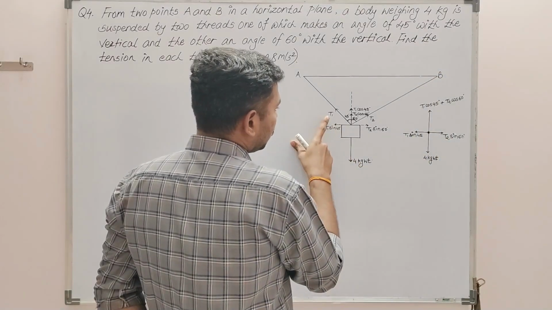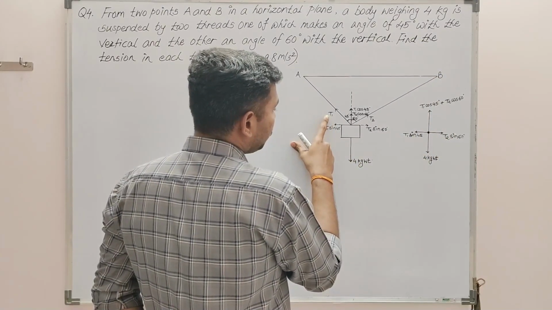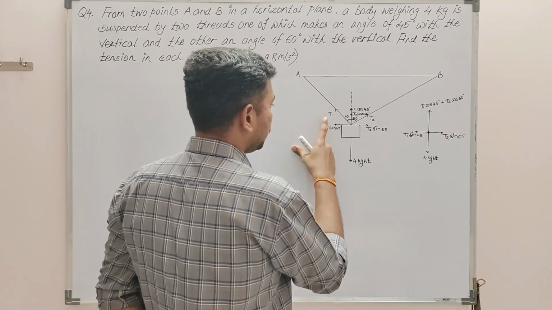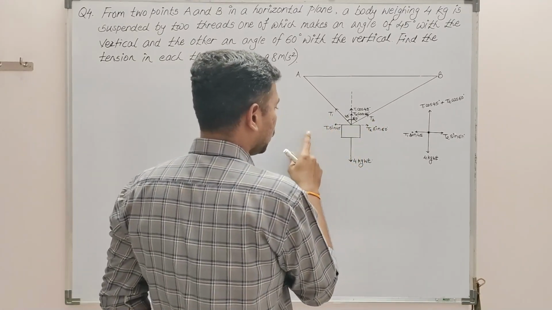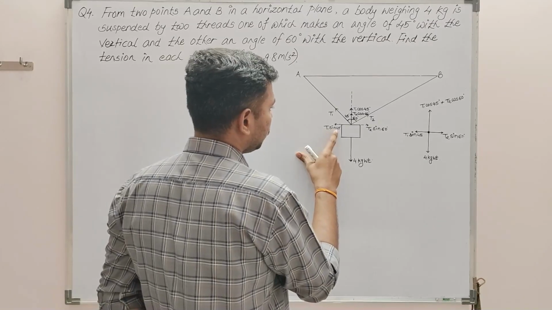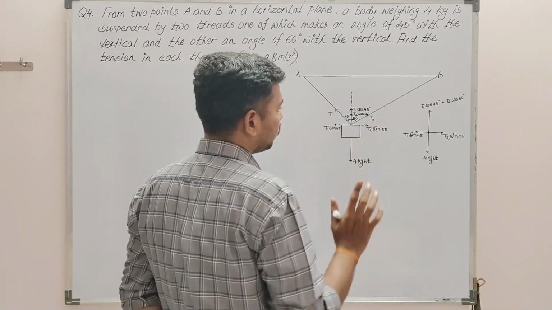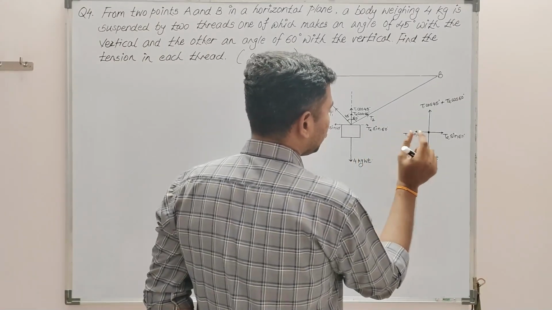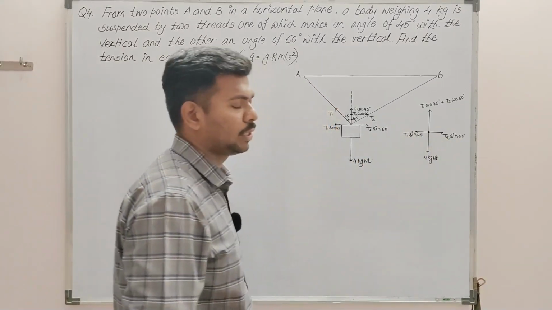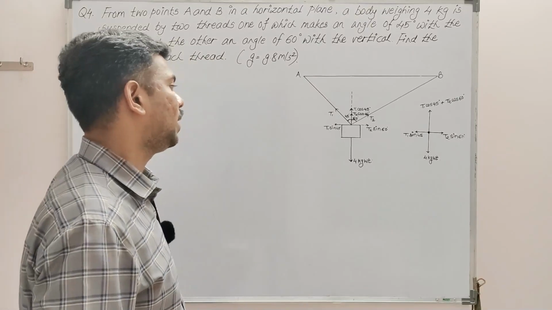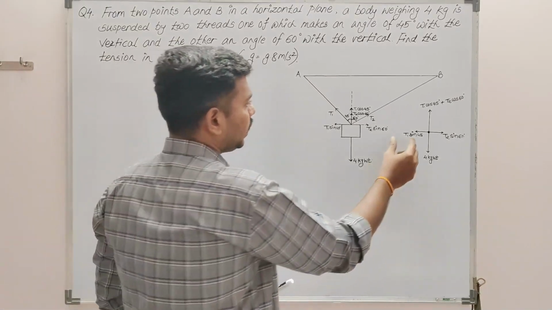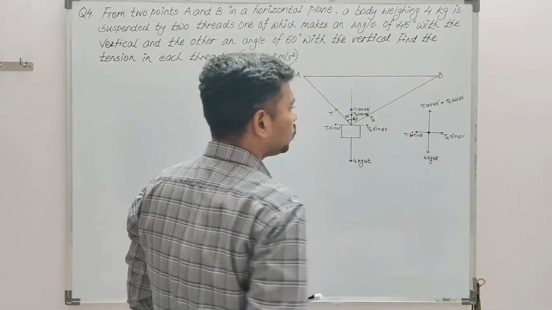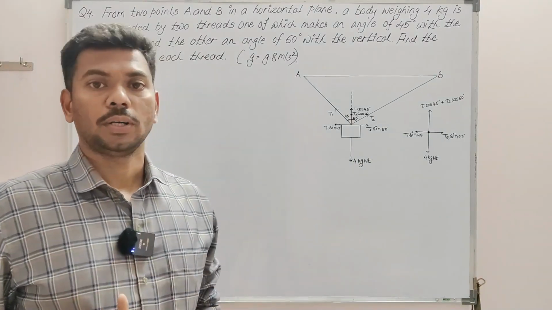Now this is one force acting vertically upward. T1 and T2 are resolved, and their horizontal components are T1 sin 45 and T2 sin 60 respectively, so that T1 sin 45 and T2 sin 60 get balanced horizontally.